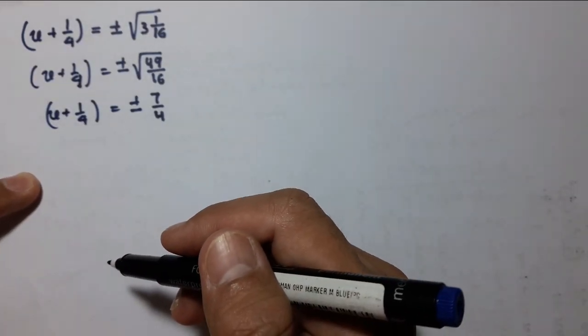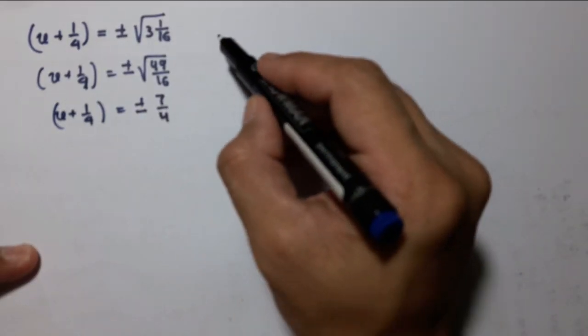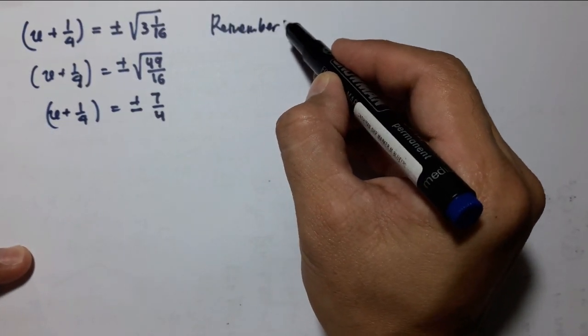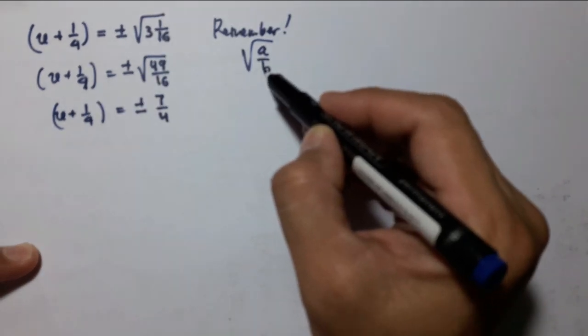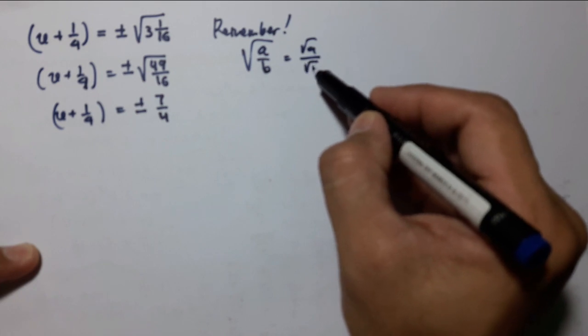Clear, student? How do you know this one is 7 over 4? Remember here? Root a over b equal root a over root b.